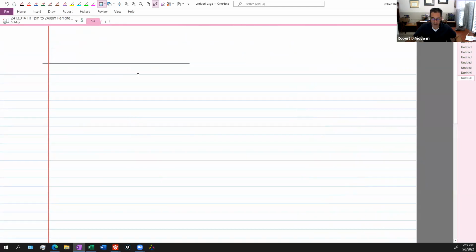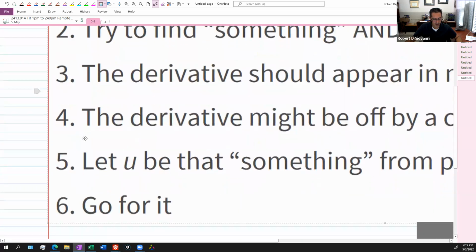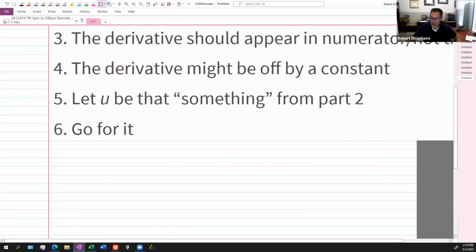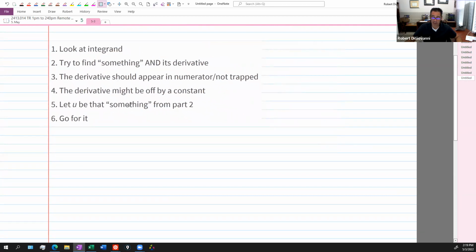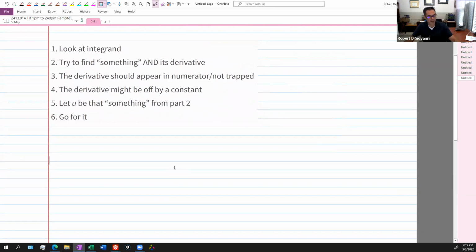I'm going to start a new page. So this is the kind of strategy that we're going to use. We've got 20 minutes. Let's see if we can knock this problem out in 20 minutes. It shouldn't take us that long. We're going to look at this integral, x sine of x squared dx.